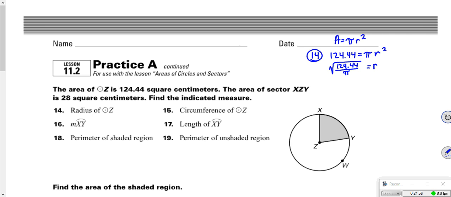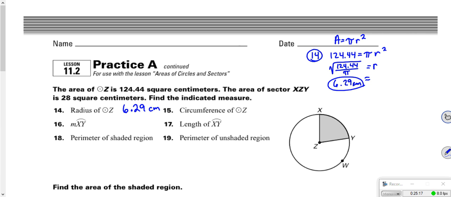If you poke that in a calculator, you get approximately 6.29 centimeters. So the radius is 6.29 centimeters.